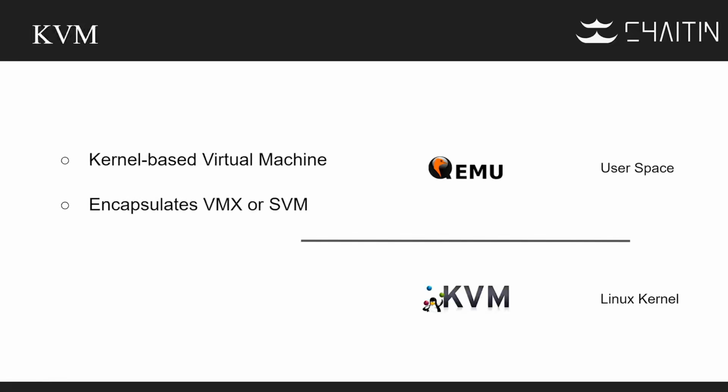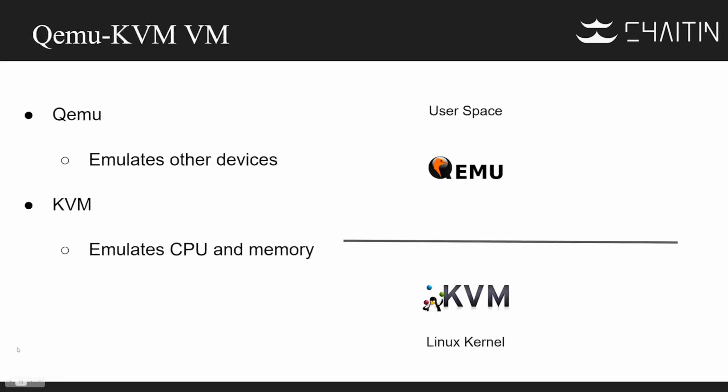And KVM is short for kernel-based virtual machine. It's a kernel module which encapsulates Intel VMX or AMD SVM for user space. So, they are combined to get a better experience.